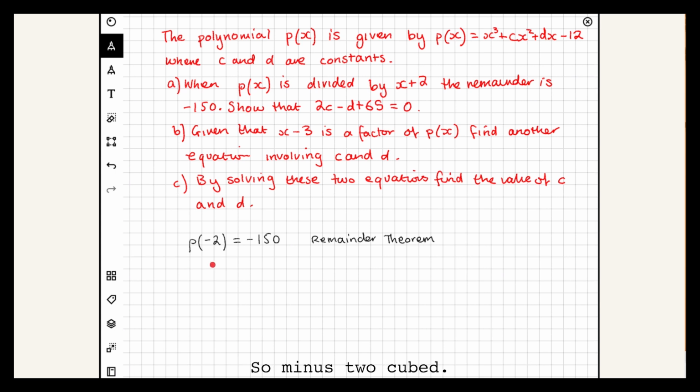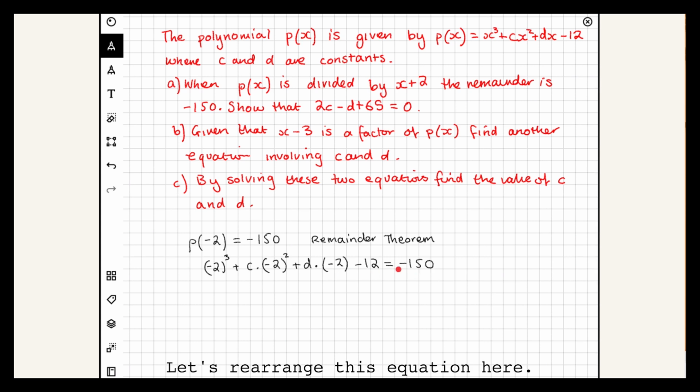Let's do that. So minus 2 cubed, remember I'm putting my negative number in brackets, plus c times minus 2 squared, plus d times minus 2 minus 12 equals minus 150.